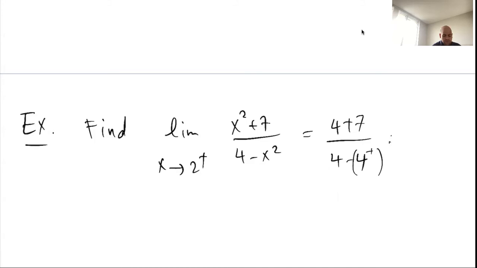Because x is approaching 2 from the right. So 4 minus x squared, if x approaches 2 from the right, x squared will approach 4 from the right. So 4 plus 7 over 4 minus 4 plus. So can I say this is 11 over 0 plus? And the answer is infinity. Do you think this is correct?